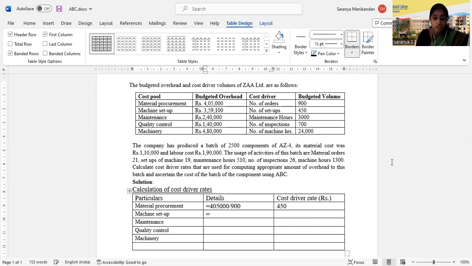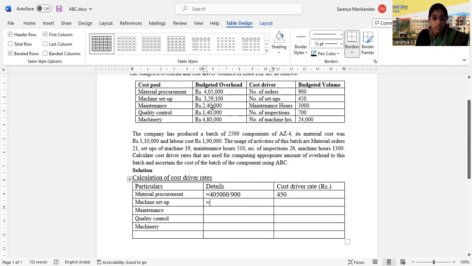For machine setup, 3,59,100 divided by the cost driver, number of setups, which is 450, so we get rupees 798. For maintenance, the amount in the third row is 2,40,000, divided by the cost driver, maintenance hours, which is 3,000. So it's rupees 80.